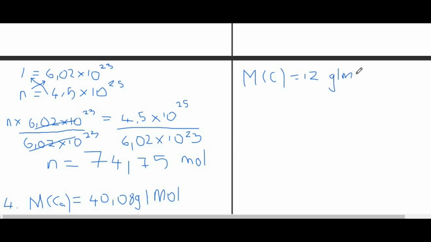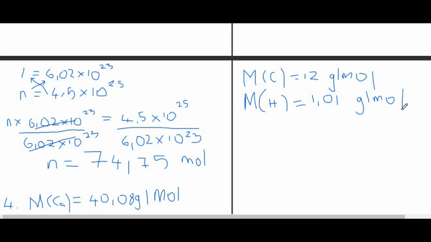And then you say, what is the molar mass of hydrogen? The molar mass of hydrogen is going to be 1.01 according to my periodic table. I hope you know by now where these values are coming from.